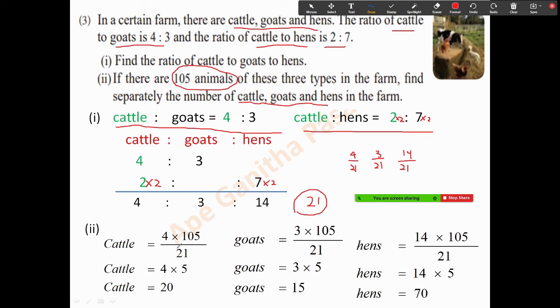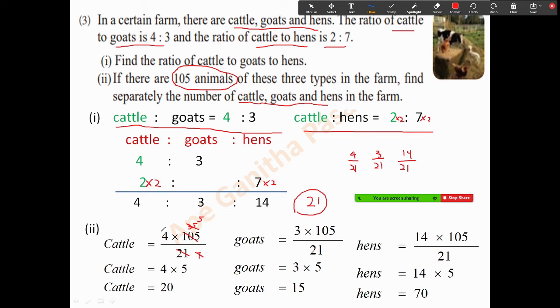Now let's simplify. You will notice that let's divide by 3. 3 into 7, 3 into 3, 9. 1 remain. 3 into 1 and 5 means 15. Then 3 into 5, 15. 7 into 5, 35.